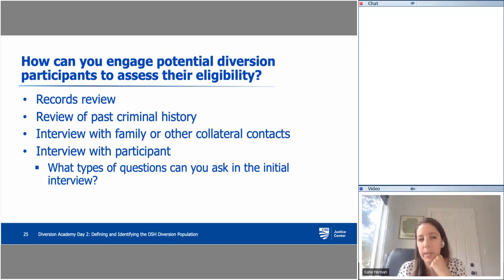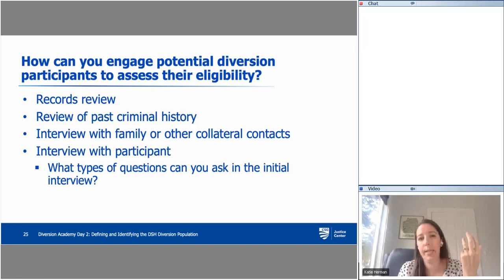And again, I talked about this already, but what types of questions can you ask to get a sense of whether someone's a good candidate for diversion? Of course, asking about their past treatment history, specifically things like past hospitalizations, past medication, especially injectable medication. Have they been on AOT?